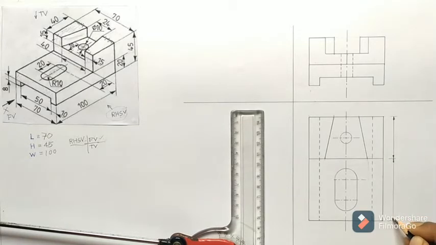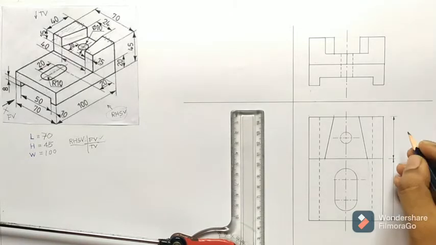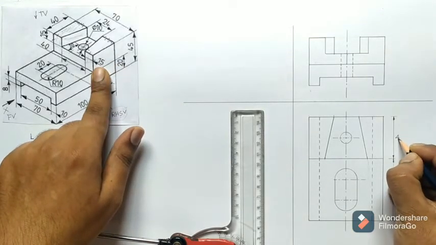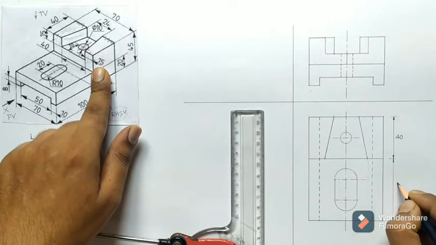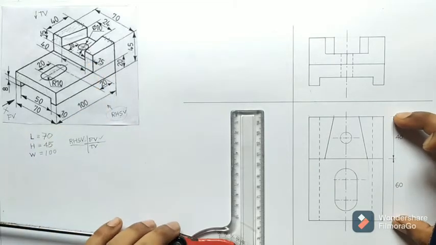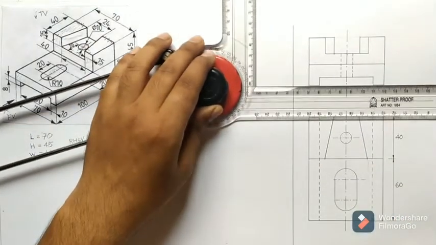I will show it. So this dimension is of 40 mm. This dimension is of 60 mm. That means total this dimension is of 100 mm. Now here it is.